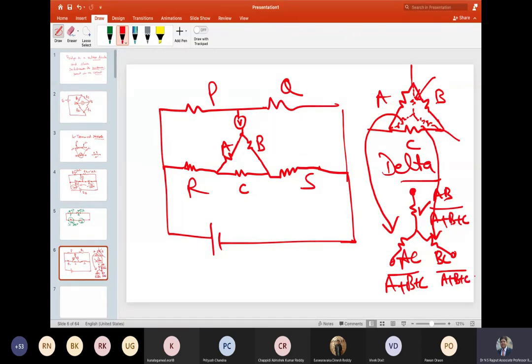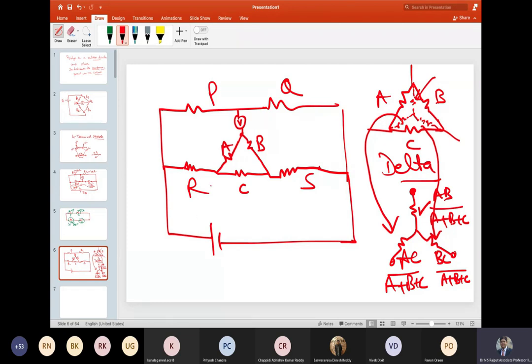Okay, so if I can rearrange this delta connection in equivalent star connection, which we will do theoretically only. Practically we have simply connected it this way.